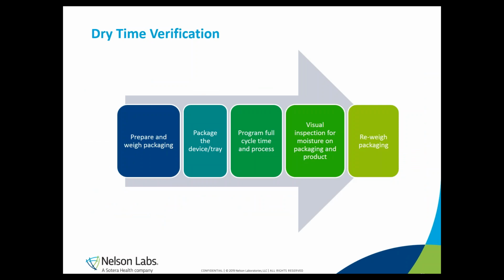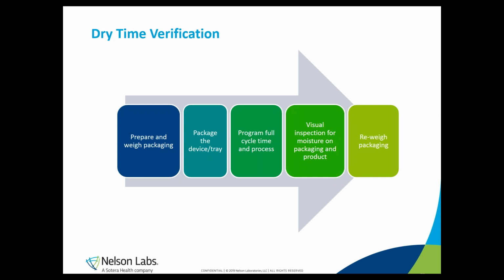An important part of the validation of a steam sterilization cycle is the verification of the dry time at the end of the cycle. Dry time testing ensures that after the steam sterilization cycle, the packaging and devices are not wet. Moisture may compromise the sterile properties of the packaged device. Wet conditions always stimulate microbial growth.